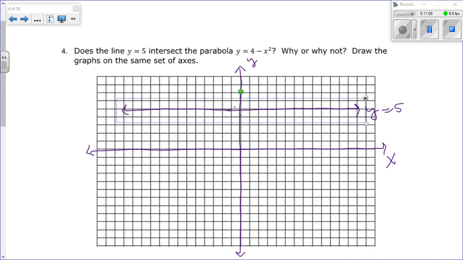And then for y equals 4 minus x squared, I could go to my graphing calculator, or I can use what I know about them. I'm just going to take my negative x squared and go up 4, and then plot my points, which you can find on the graphing calculator.